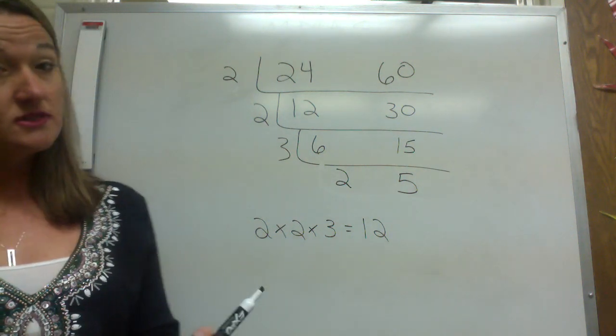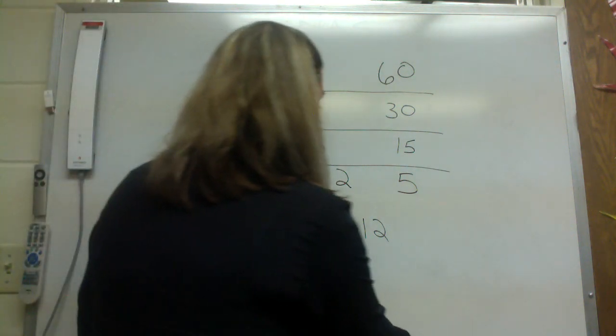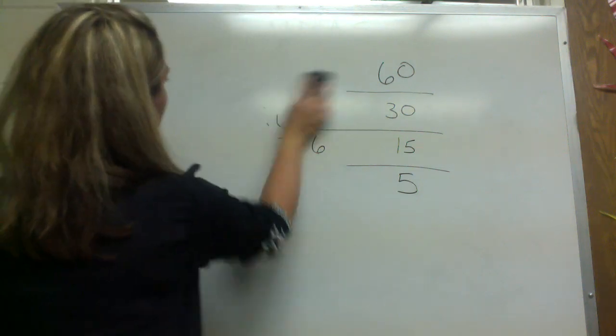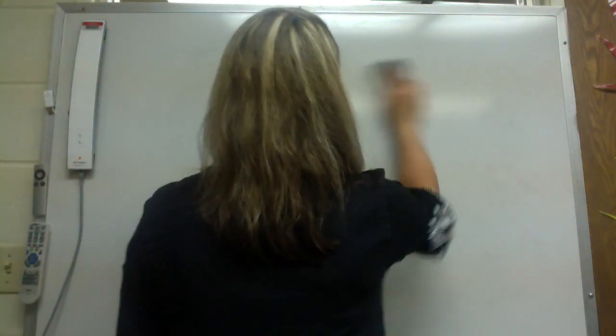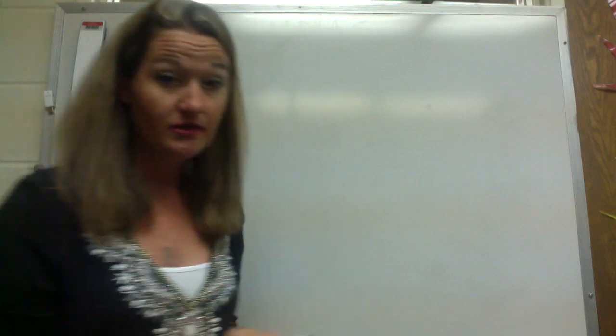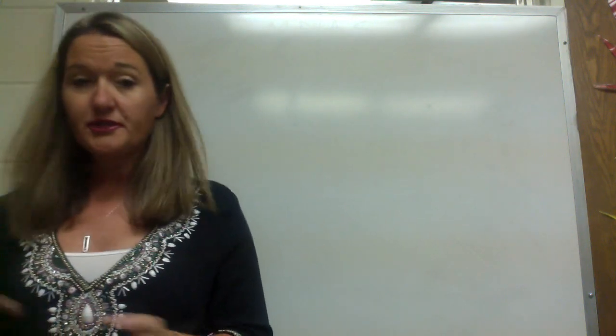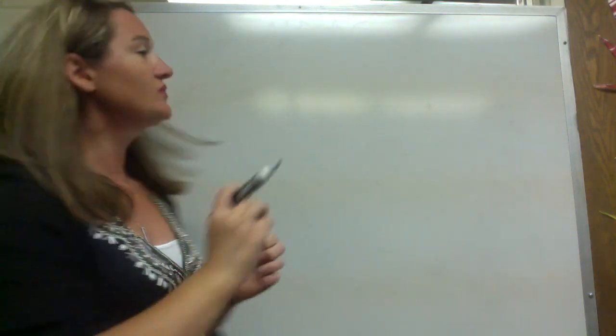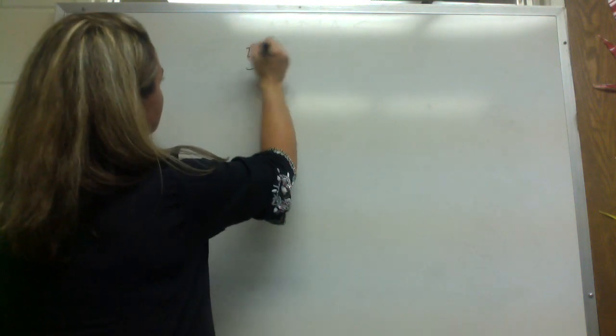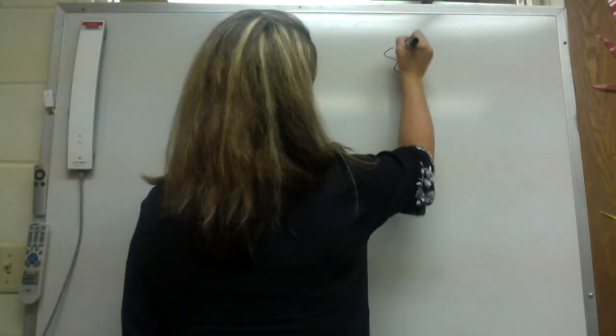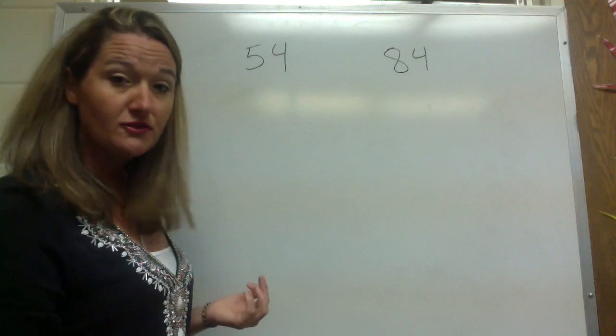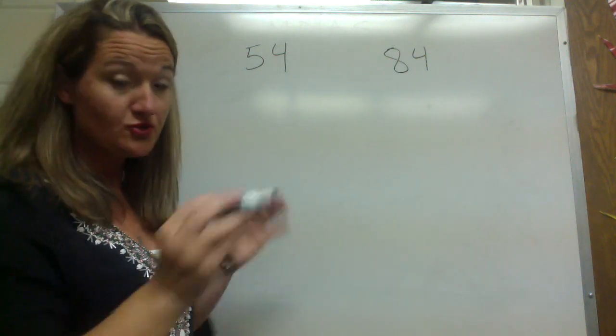Okay, so that's using division ladders. The third way we're going to use is prime factorization, or factor trees. So let's do 54 and 84. For each of those numbers, I'm going to do my factor trees.